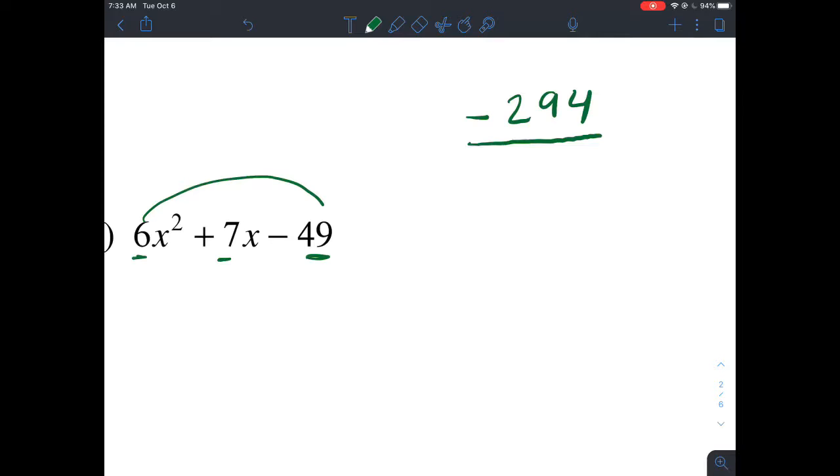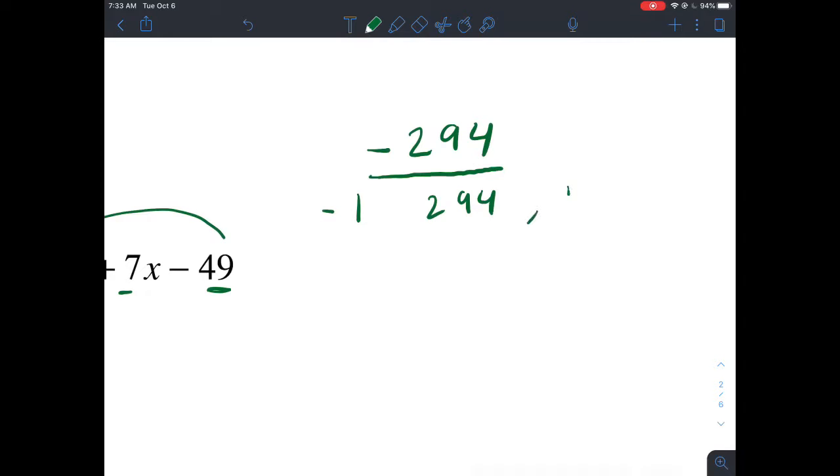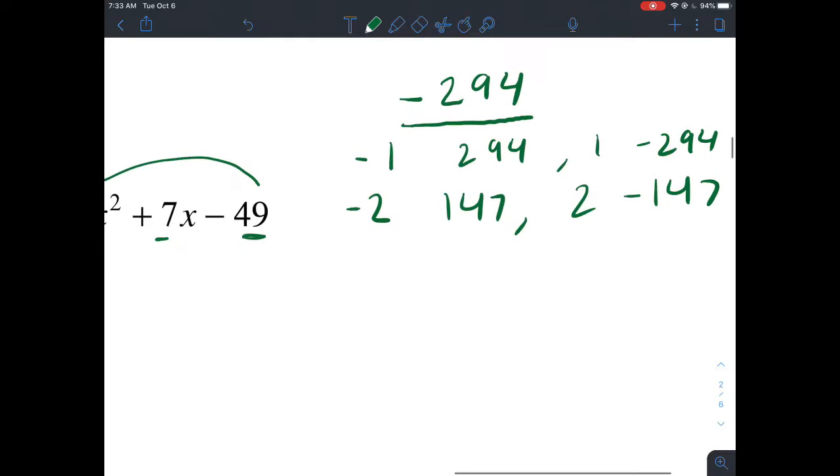So let's go ahead and write out some factors. All right. So we've got 1 and 294. Right, so we can do negative 1 and 294, or we can do 1 and negative 294. We can do negative 2 and 147. 2 and negative 147. 3, does 3 go in there? Yeah, it does, right? We could do negative 3 and 98.